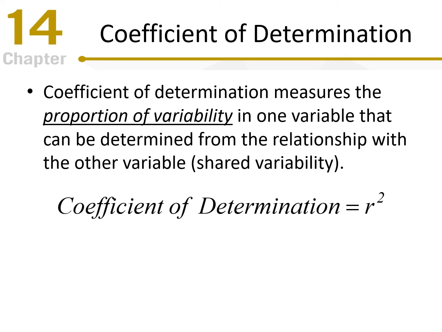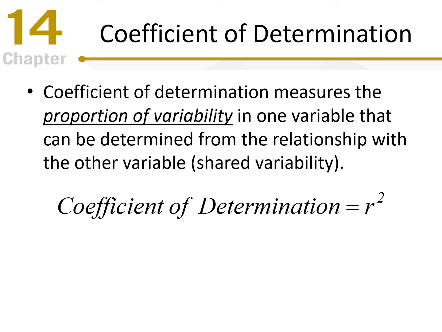So the coefficient of determination measures the proportion of variability in one variable that can be determined from the relationship with the other variable. So my R squared is the proportion of variance in Y that can be accounted for by X. And that plays a big role when we talk about regression.